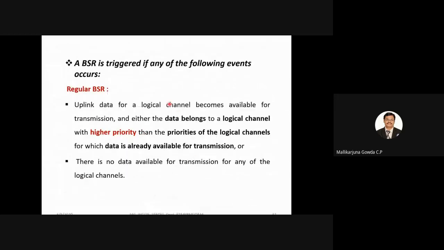So here, a BSR will be triggered if any of the following events occurs. Here we classify these as a regular BSR, a padding BSR, and a periodic BSR. These are the three different events. Let us see what a regular BSR is.